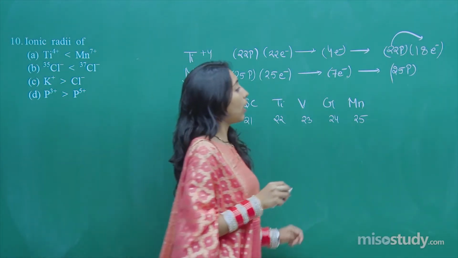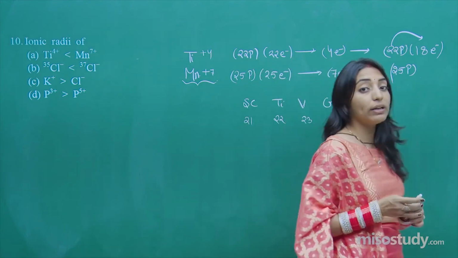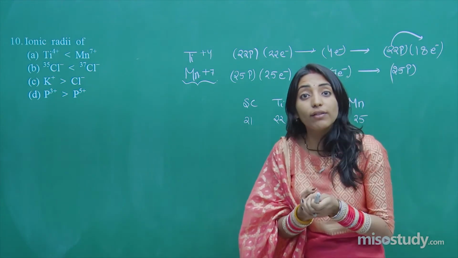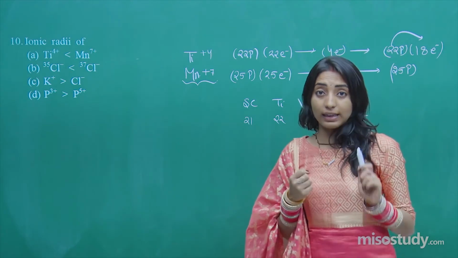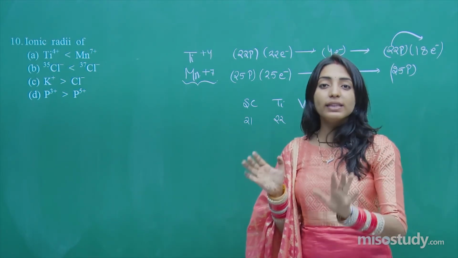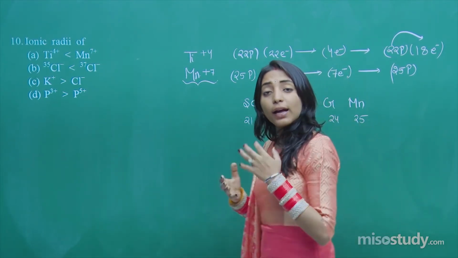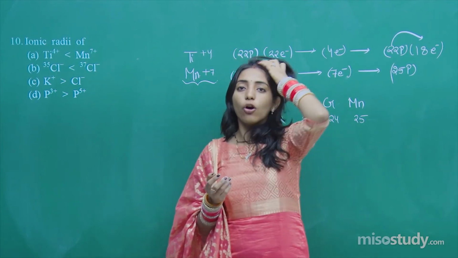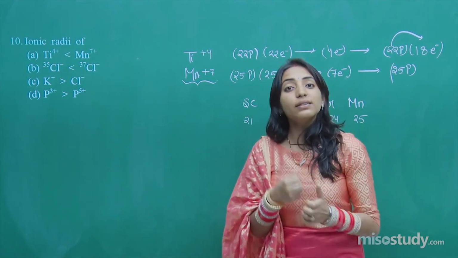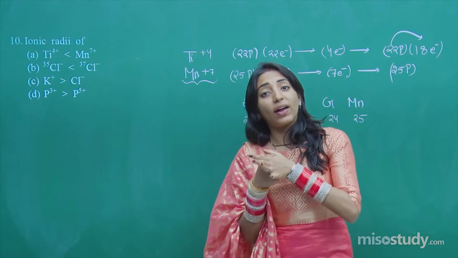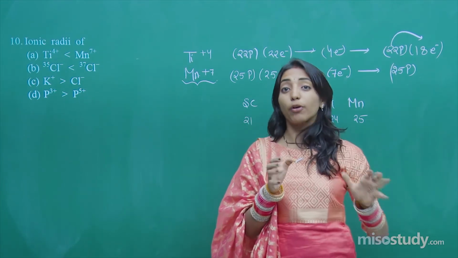Whereas manganese, 25 protons were earlier holding 25 electrons, but now they are holding 7 less electrons. So see here carefully. Don't you think that the more the positive charge on the ion, the lesser will be the number of electrons in the final ion compared to the number of protons?